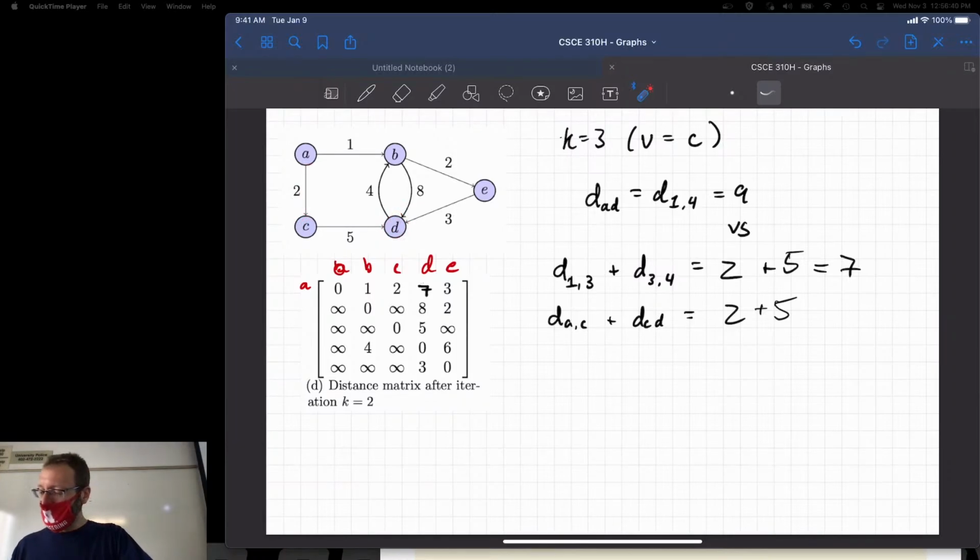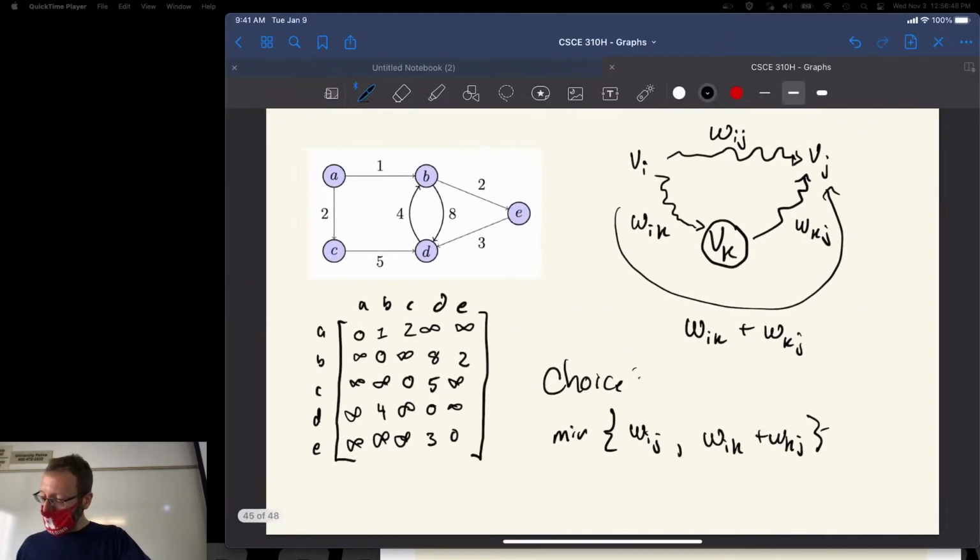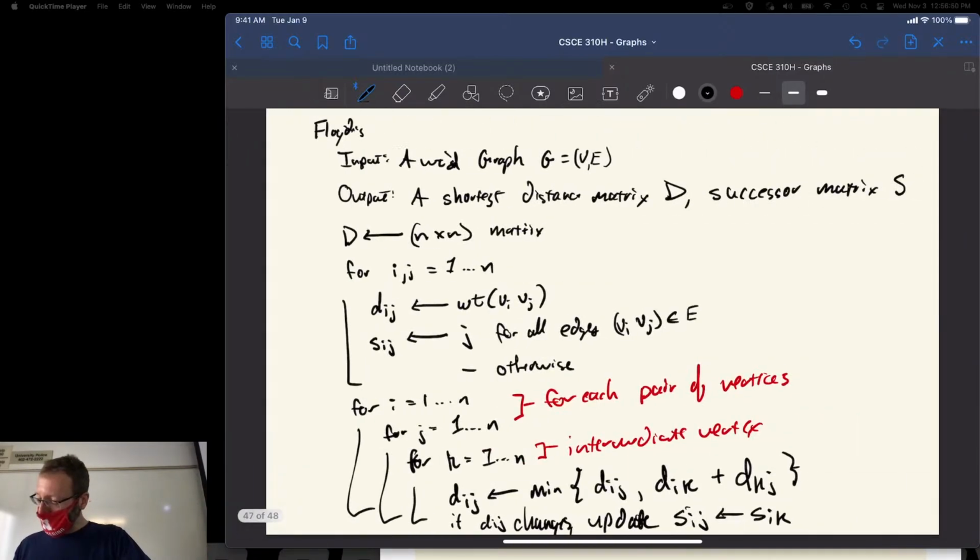Now, what gets updated here as far as the successor matrix goes? Since we did update this, we update the successor, as we wrote right here, forward. It changes from S sub ij to S sub ik.